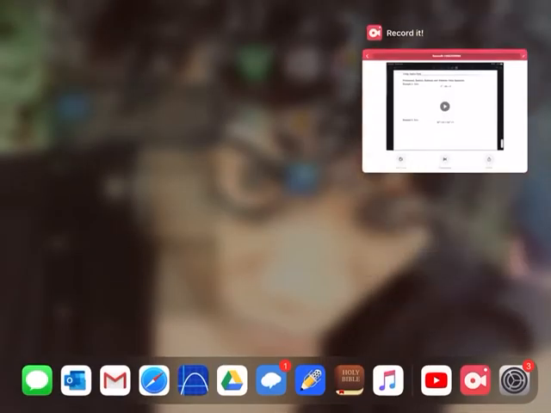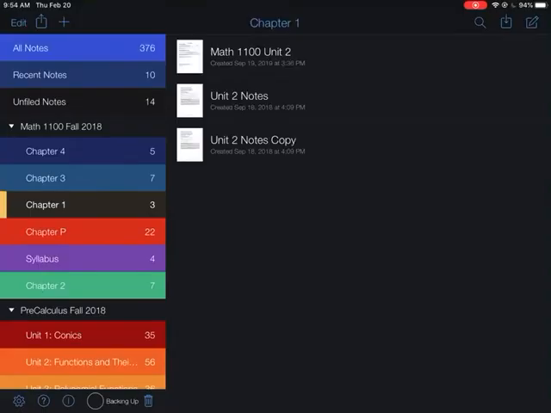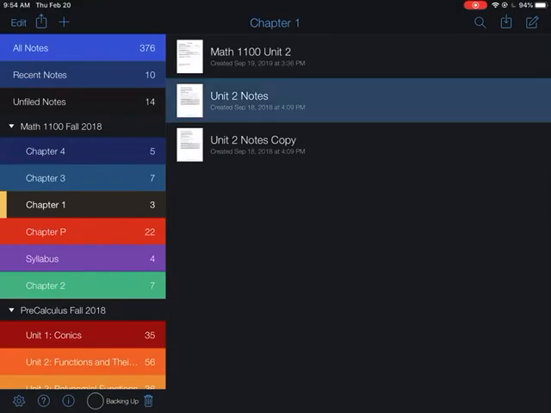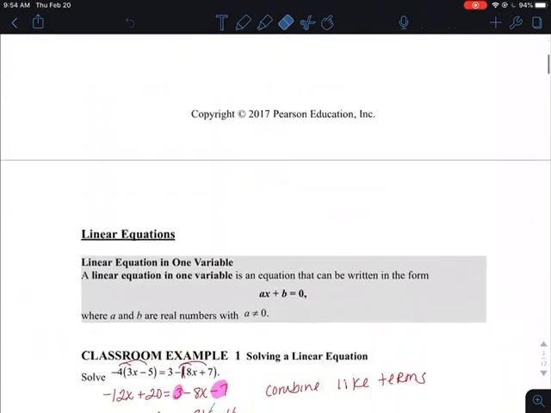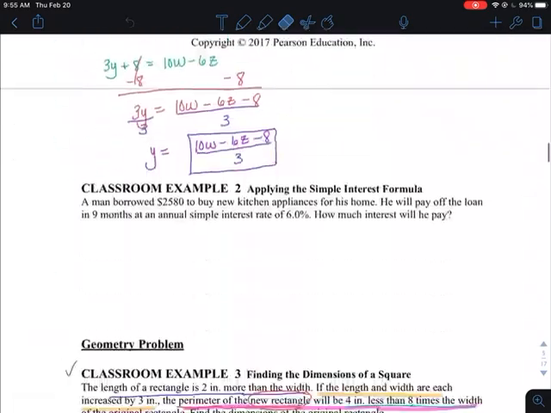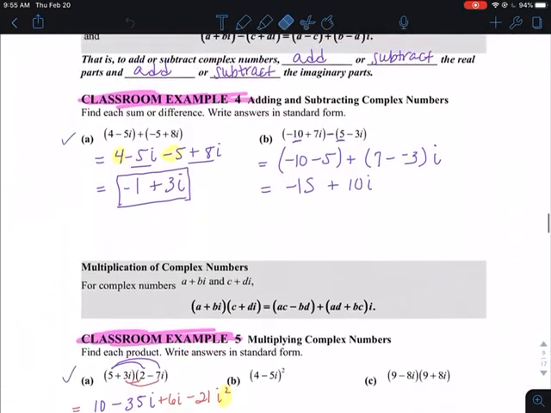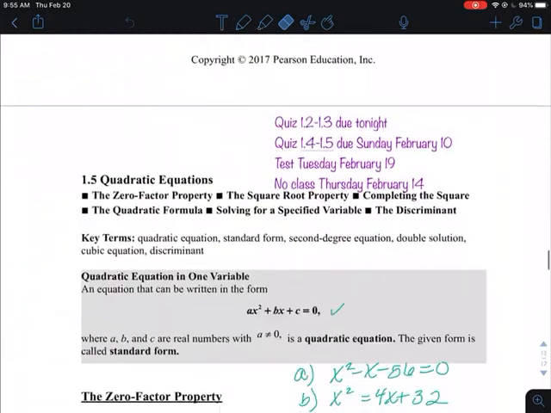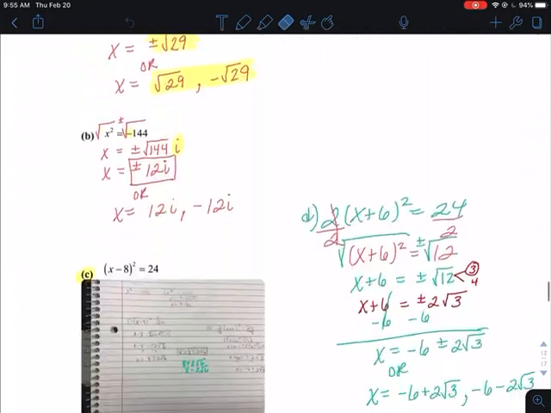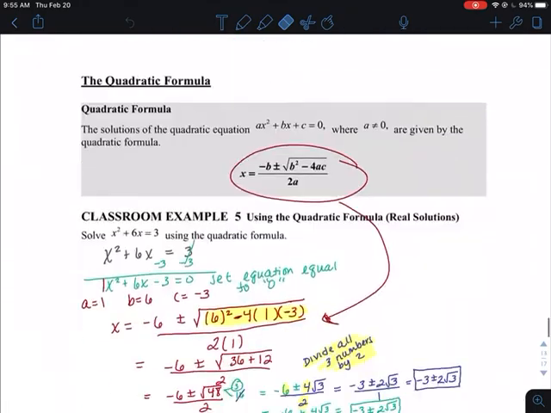I'm going to have to close this out. All right, my screen froze. I don't know if I opened up the right file. Let me see.